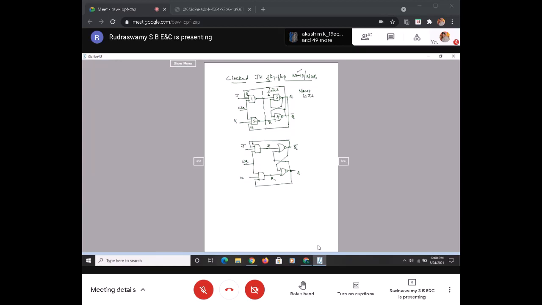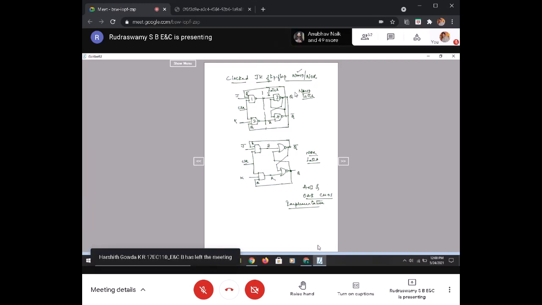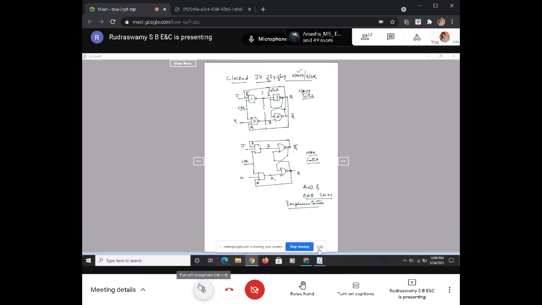This is Q bar, this is Q. This is using the NOR latch. I had asked you to come up with the AOI as well as the OAI CMOS implementation. Am I correct? This is what the assignment was.